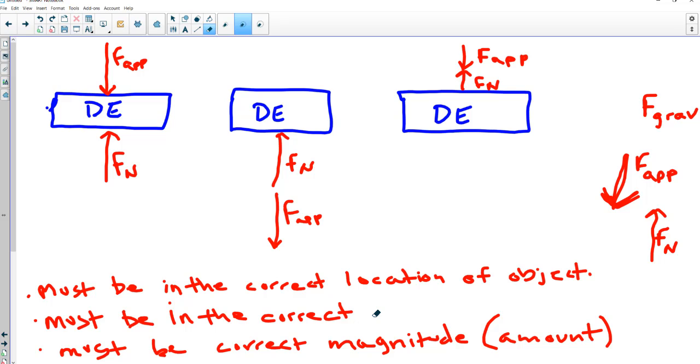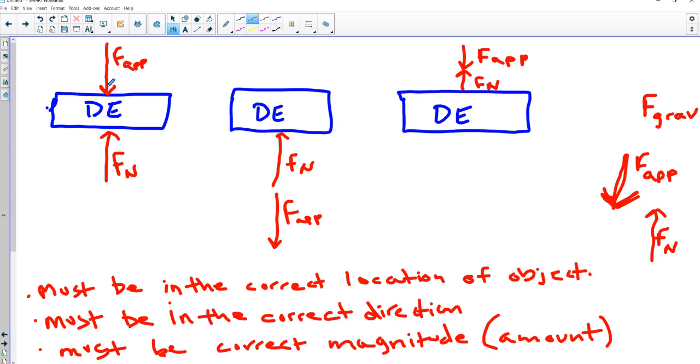So it must be in the correct location, must be in the correct magnitude, and, oh, that should say direction. Sorry, correct direction. Okay, so this is correct. I have the applied force, or gravity, going down, and I have the normal force going up. So it's in the correct location of the object, it's going in the correct direction, and they're the correct magnitude.